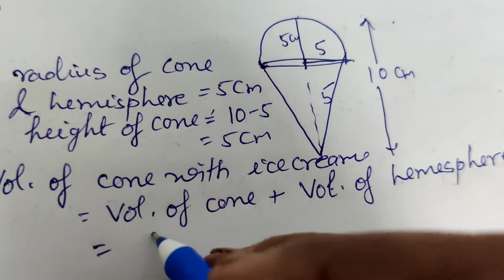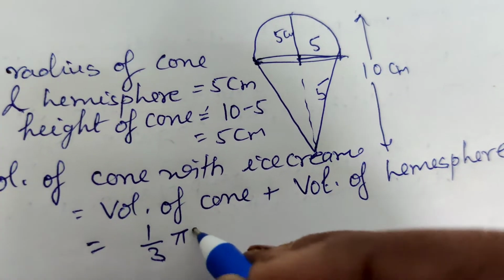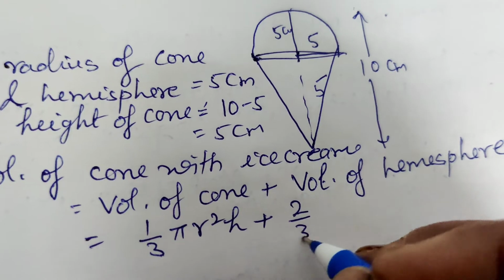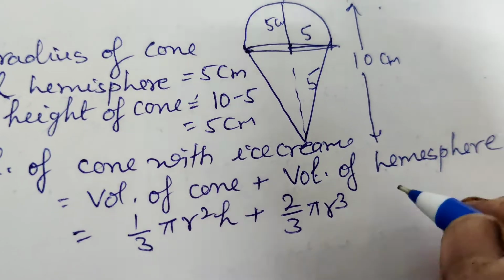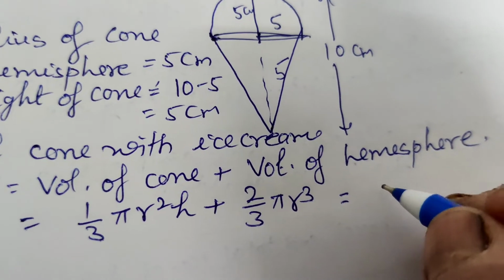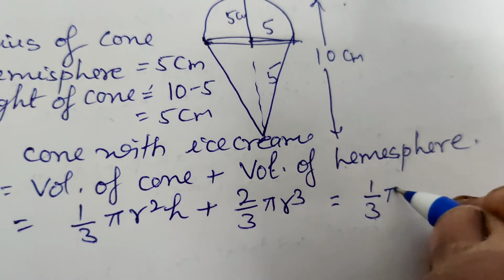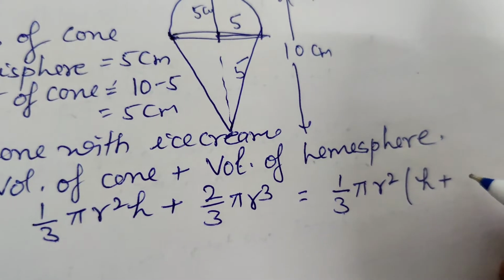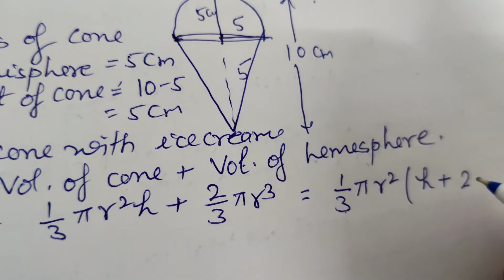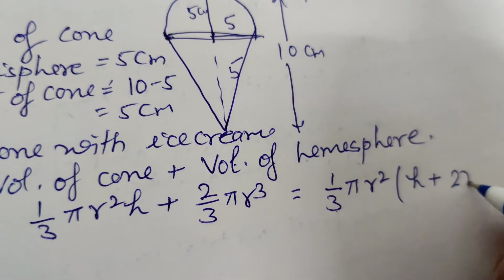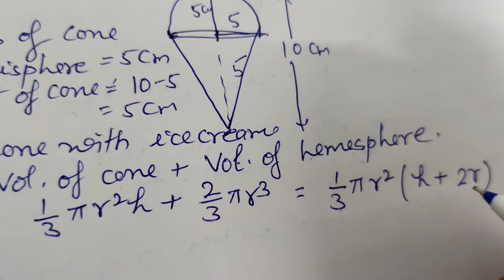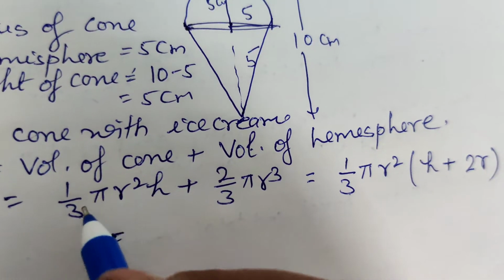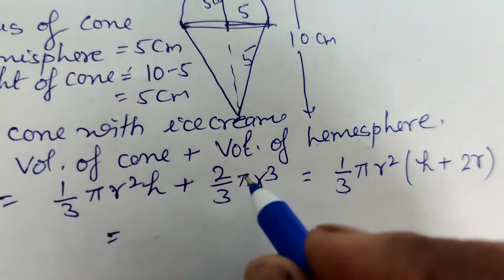The volume of cone is 1/3 pi r square h and the volume of hemisphere is 2/3 pi r cube. So we can take common 1/3 pi r square. So we get h plus 2r.